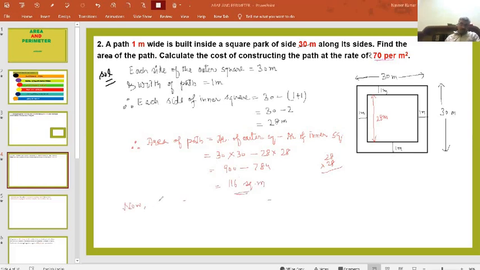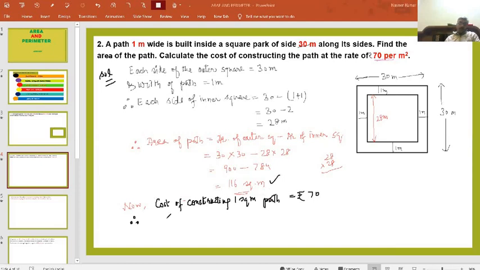Now, the cost of constructing 1 square meter path is equal to 70 rupees. Therefore, what is the total area of this path?